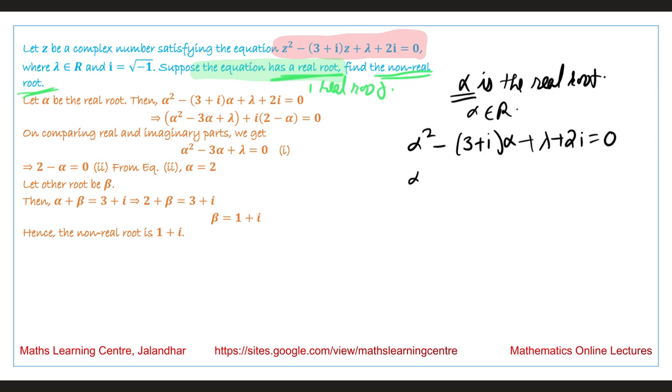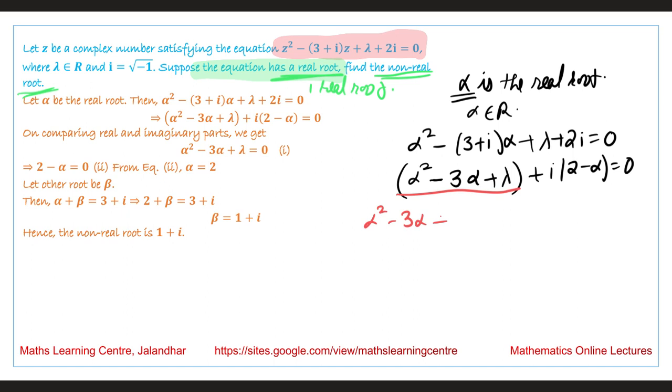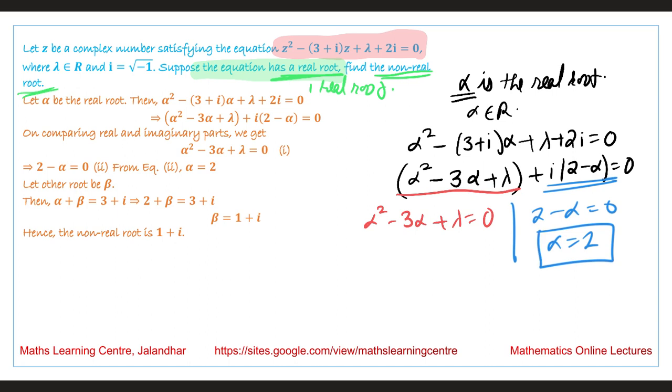We can write this, separating the real and imaginary parts, as alpha square minus 3 alpha plus lambda plus iota into (2 minus alpha) is equal to 0. On comparing the real and imaginary parts, alpha square minus 3 alpha plus lambda is equal to 0, and comparing the imaginary part to 0, we get 2 minus alpha is equal to 0. So this implies alpha is equal to 2. So alpha equal to 2 is a real root of this equation.